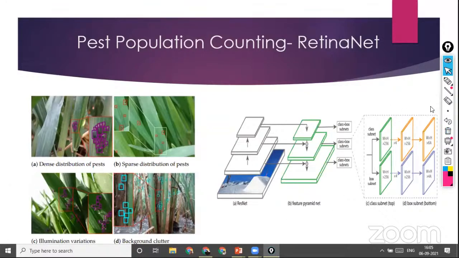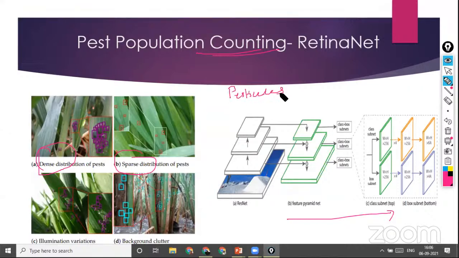I'm not going into the architecture in detail because it's a very complex architecture. What is our aim here? If you use object detection, you are able to count the pests. Here in this figure, you can see a dense distribution of pests, and here a sparse distribution of pests. If the distribution of pests is sparse, you may have to use only a limited amount of pesticides.